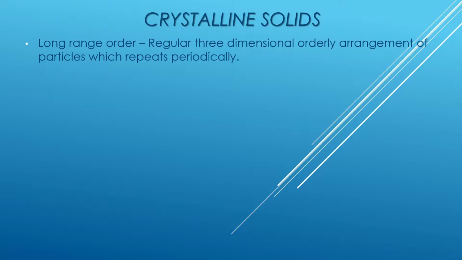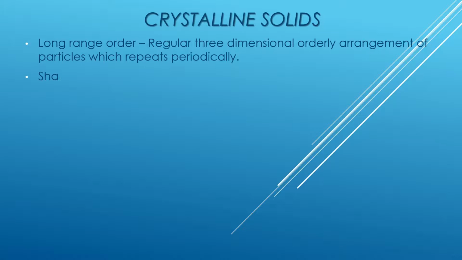That is, the arrangement of the molecules in three dimensions is repeated throughout. That is, it does not change its shape. It has a geometric shape. So the particles are in an order and it is continuously repetitive. For example, sodium chloride or quartz.